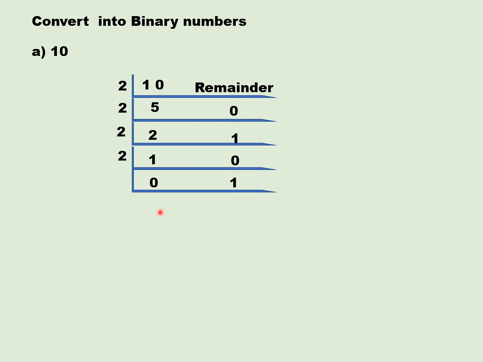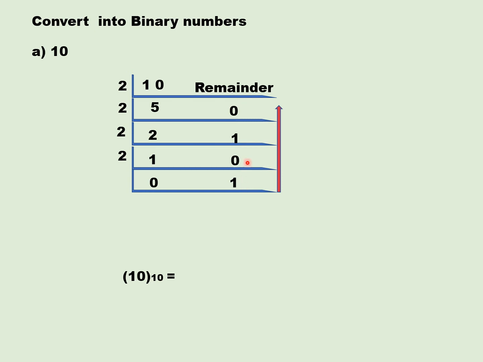If you get 0 in the quotient section, we complete the answer by writing like this. This is our question: 10 with base 10, the decimal number 10, equals what is the equivalent of this number? You have to write the remainders in reverse order.